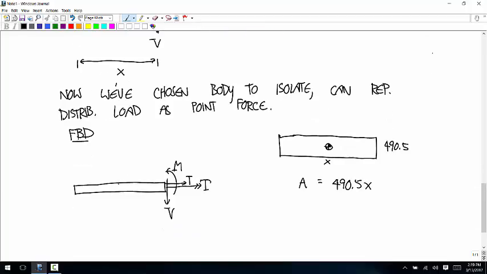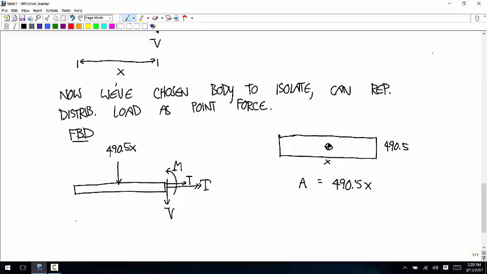So I'm going to apply a downward force of 490.5x.